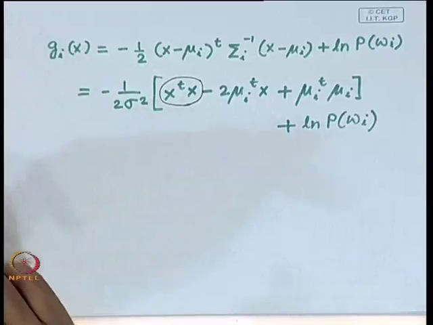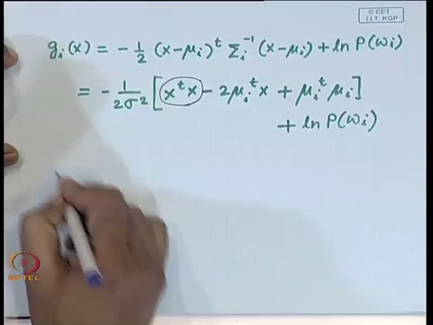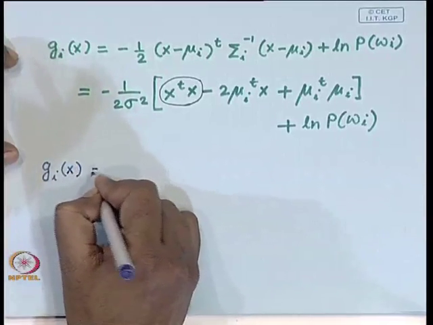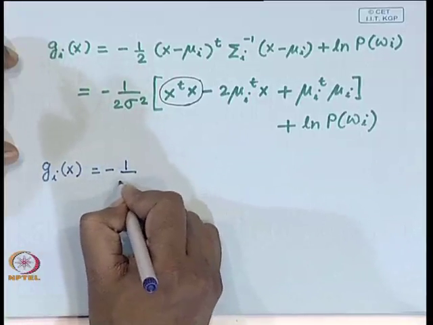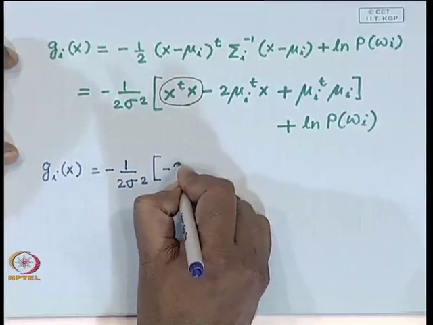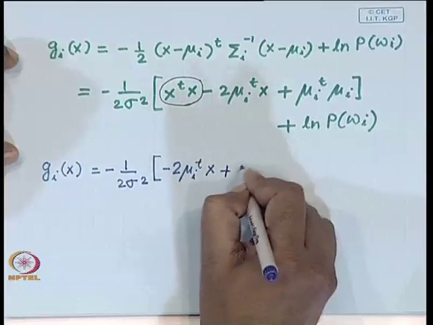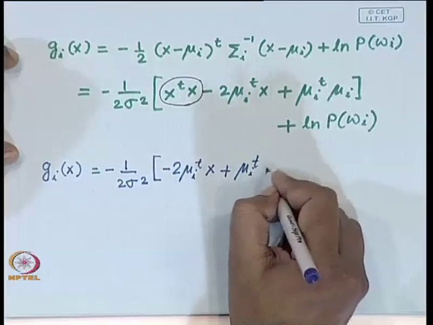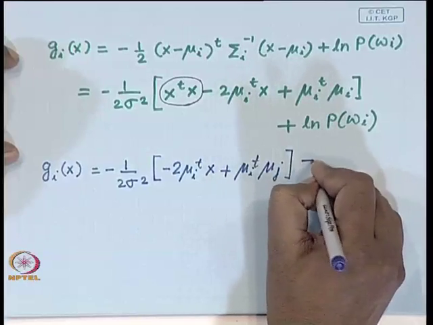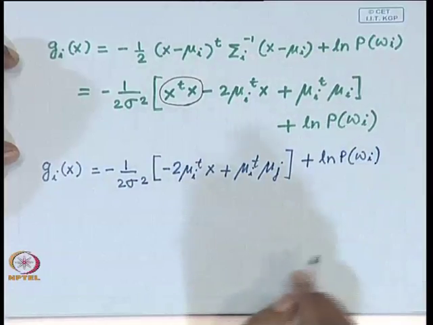By ignoring this, the discriminant function becomes a simplified form like this: g_i(x) is equal to minus 1 upon 2σ² into (−2μ_iᵀx + μ_iᵀμ_i) plus log P(ω_i).